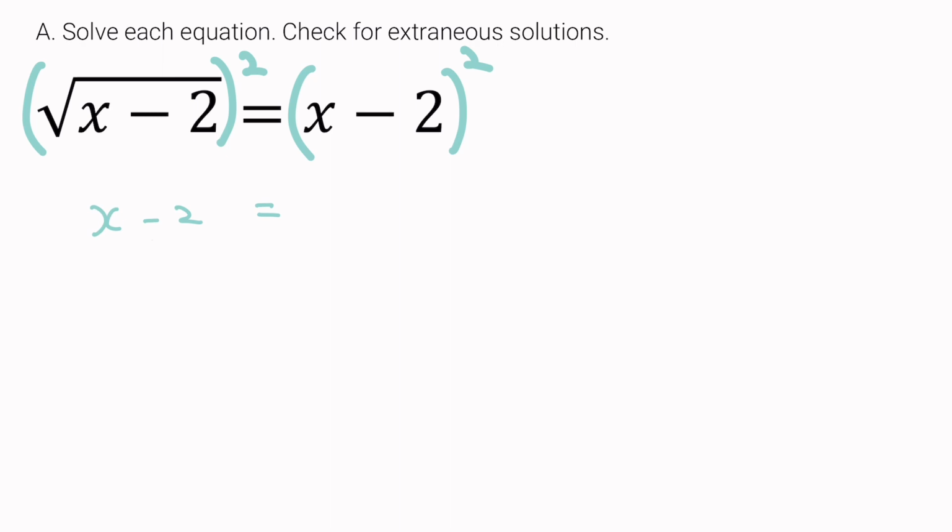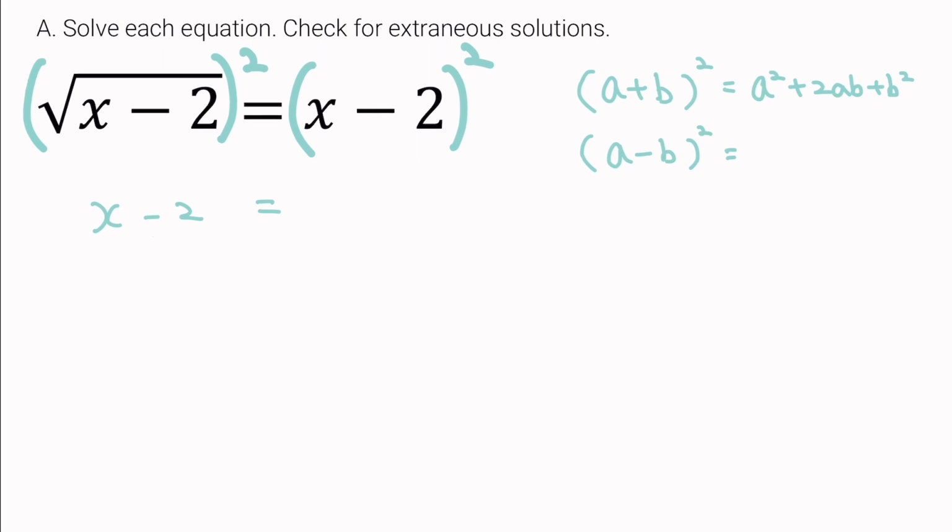And this is the same thing as what? A plus b squared, or a minus b squared. It's the same idea, and if you have it memorized, that's fine. If you didn't, I would advise you to memorize it for the time being. A plus b squared is equal to a squared plus 2ab plus b squared, and a minus b squared is equal to a squared minus 2ab plus b squared.